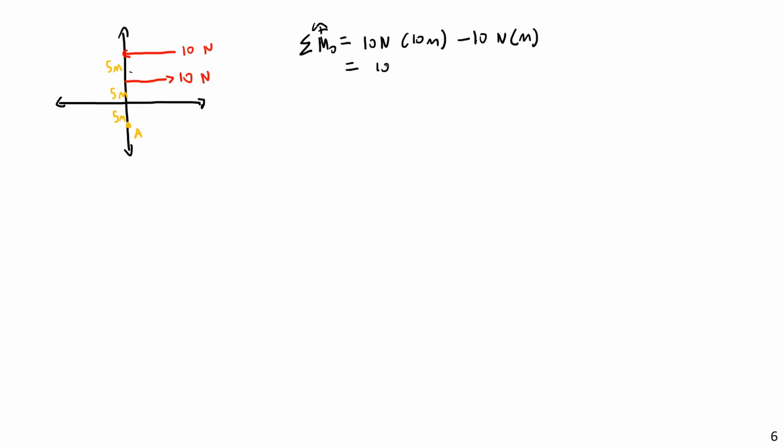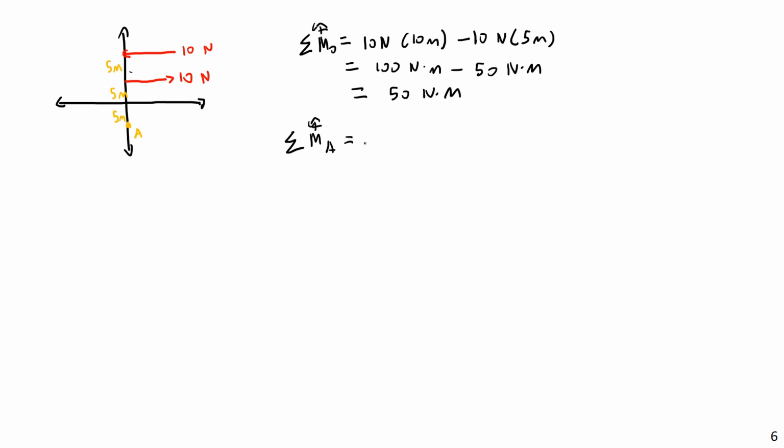So we have 100 Newton meters minus 50 Newton meters. And that will come to a total of 50 Newton meters. And what do you know? That is equal to the magnitude of the force times the distance between them.